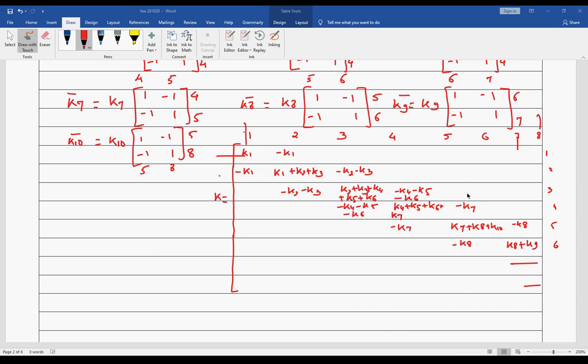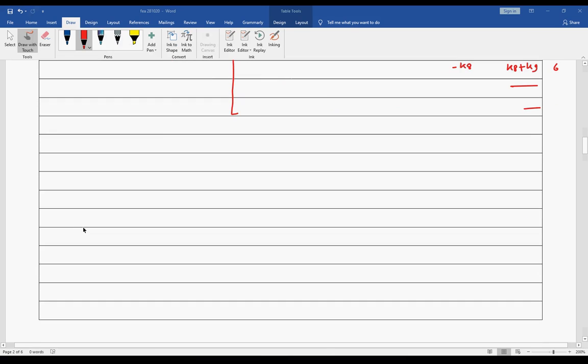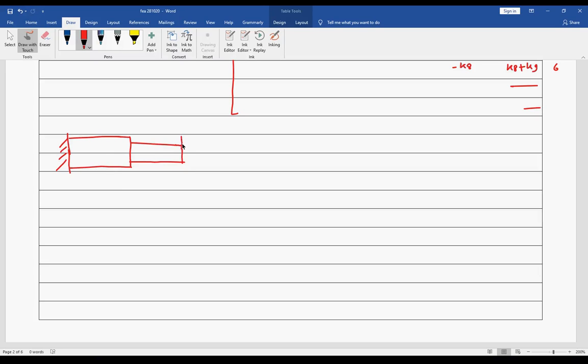Okay, fine, no issue. So now we'll take one simple problem again. Okay, and we want to solve with both the approaches, elimination as well as penalty.